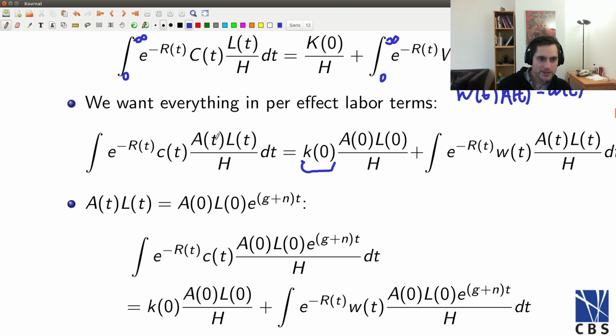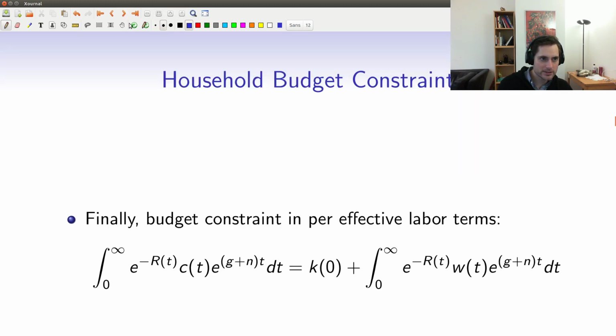But you can just replace that here, and then you can replace it again here. All right. And now this is nice because you can see that these A_0, L_0, H things don't depend upon time. So let's take those and pull them out on the next slide.